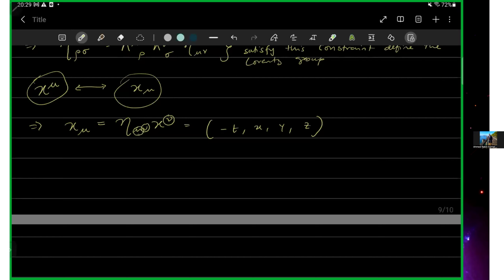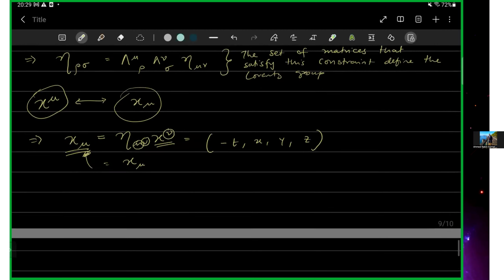So over here, the surviving index is μ downstairs. Since I'm using the metric to lower ν over here, I should get the surviving index, μ downstairs, which is exactly what I have over here. So you can relate the covector with the vector using the metric in this way.